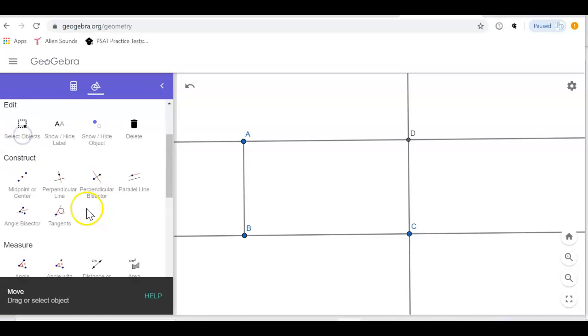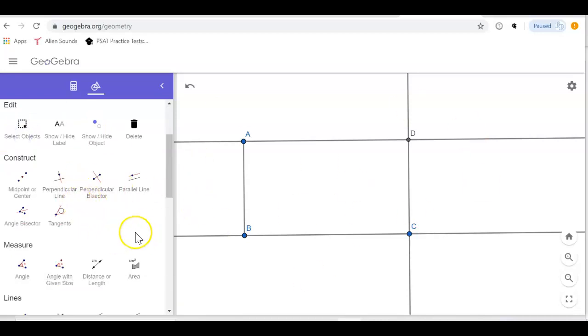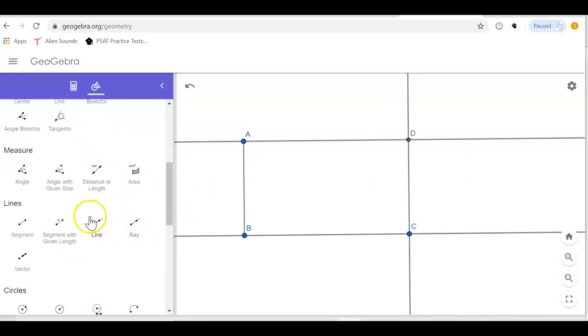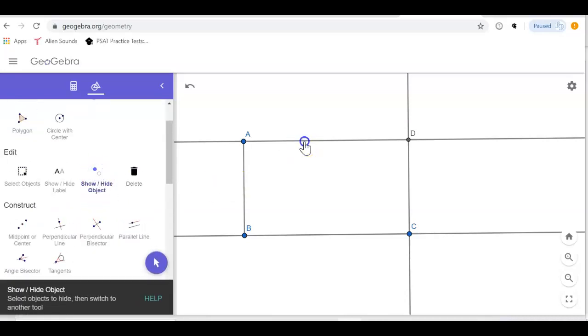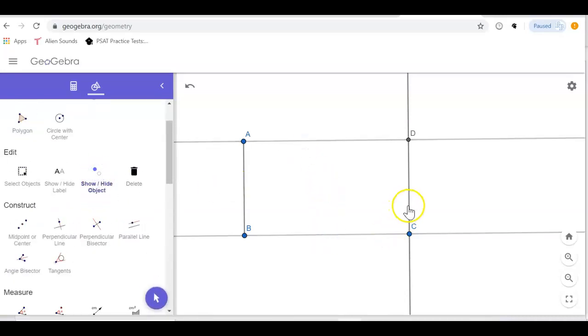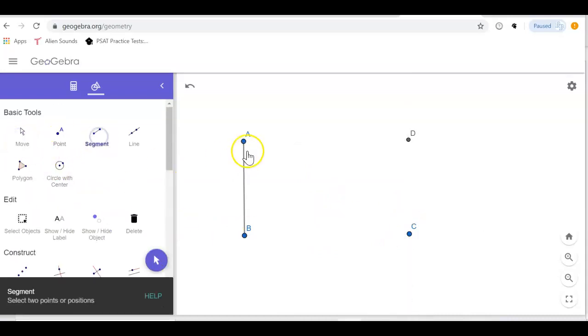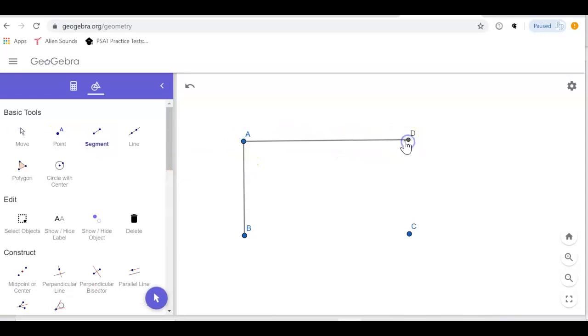Now, to make it easier, I'm going to hide these extended lines so that we can construct a much nicer looking rectangle. So here is our rectangle.